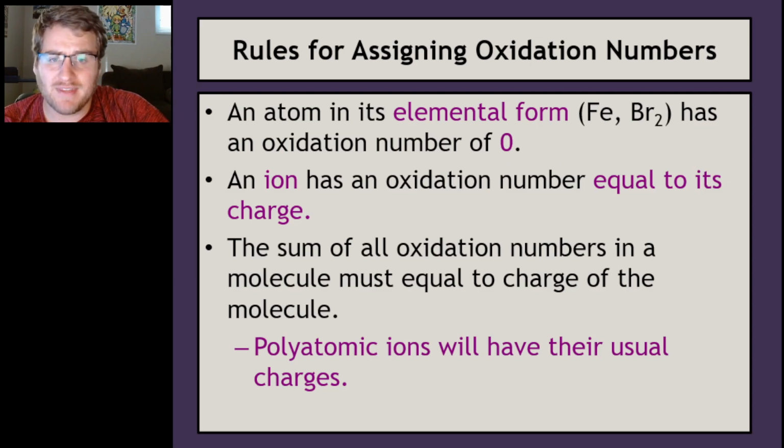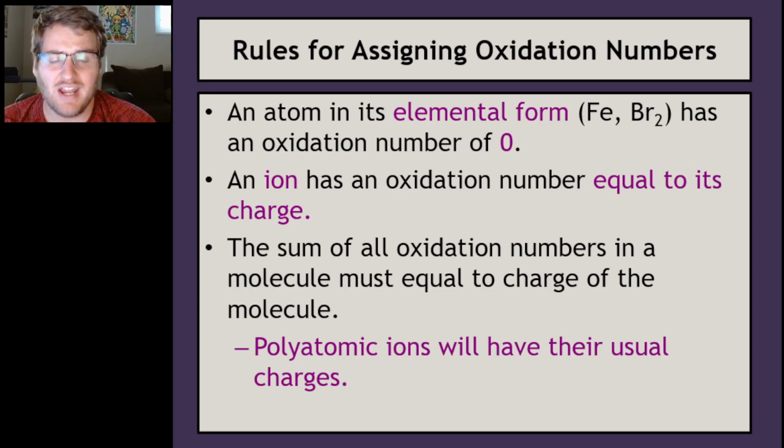And then similarly, an ion, so something maybe I have some sodium plus floating around. Its oxidation number is equal to whatever its charge is. So sodium plus has an oxidation charge of 1 plus. If you have an oxygen 2 minus ion, its oxidation number is 2 minus. Okay? So a free floating thing, ion or atom, just has an oxidation number equal to its charge.